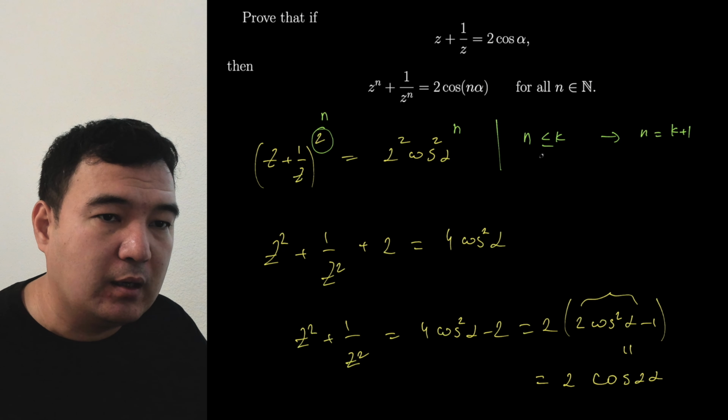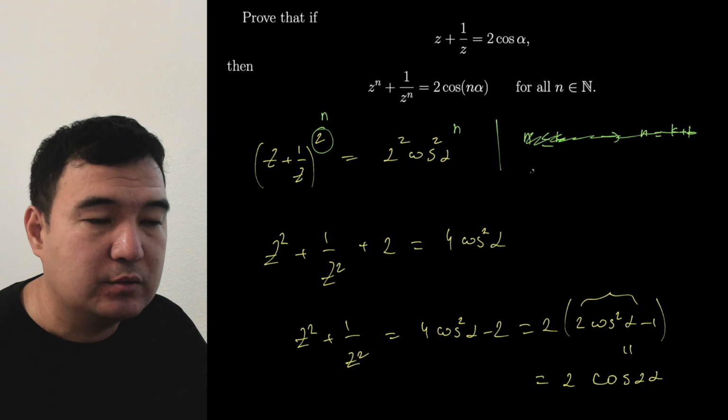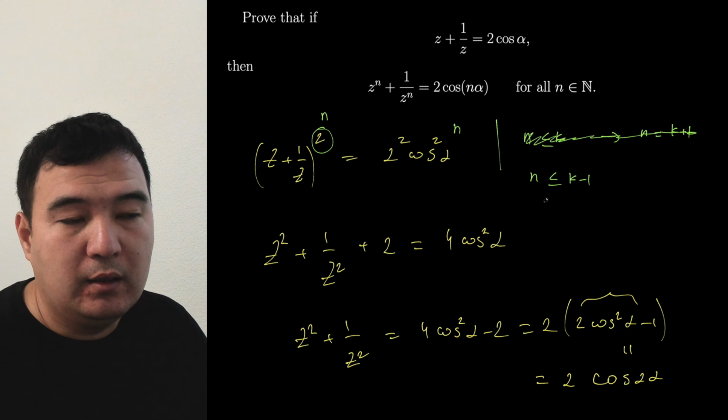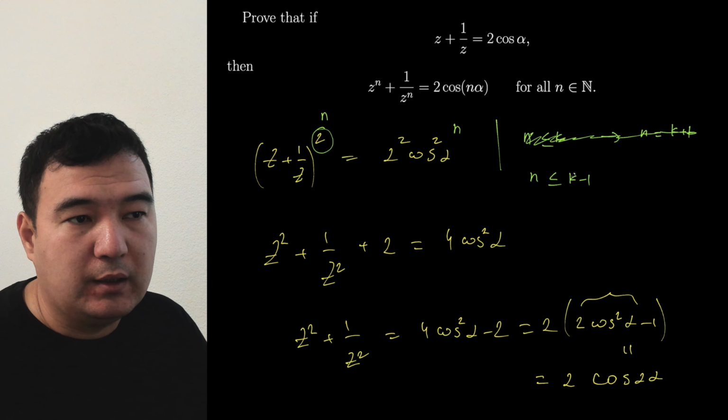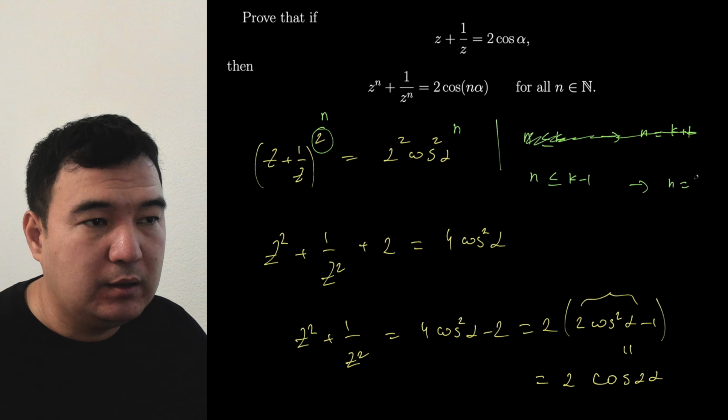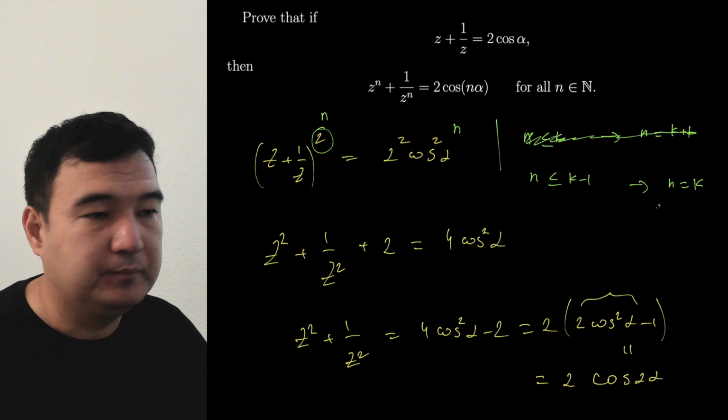Or let's say it will be much easier for us to work with the identities if I assume that the identity is true for all n up to k minus 1. We want to prove that it's true for n equal to k.